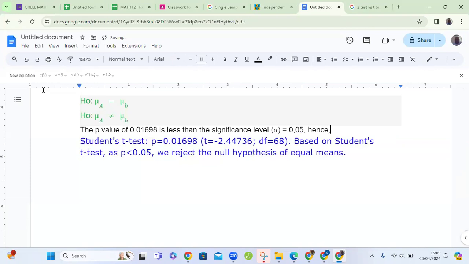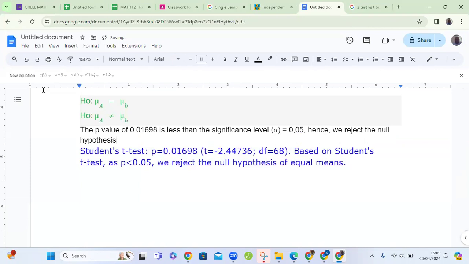Hence, we reject the null hypothesis. And to conclude, here it is, we reject the null hypothesis of equal means.